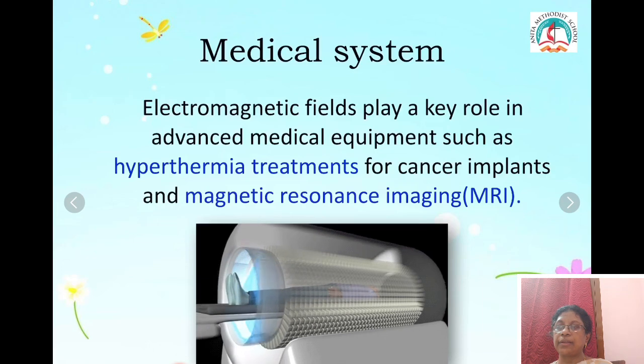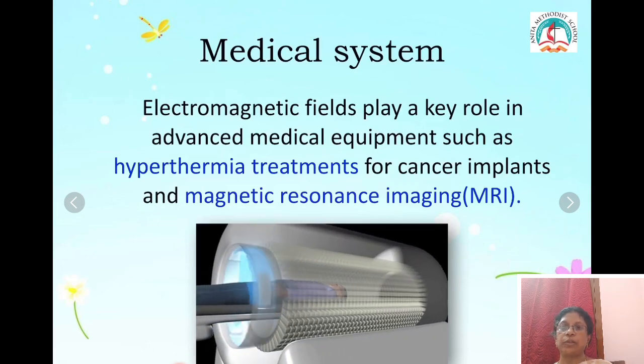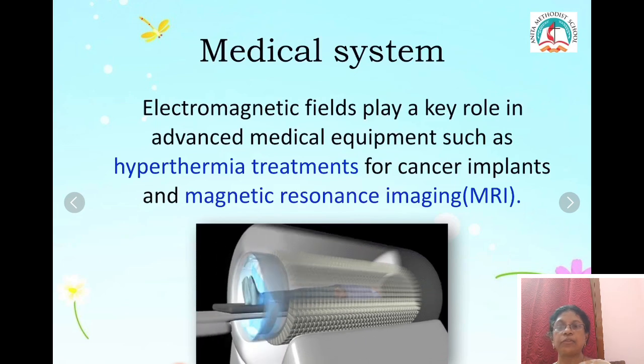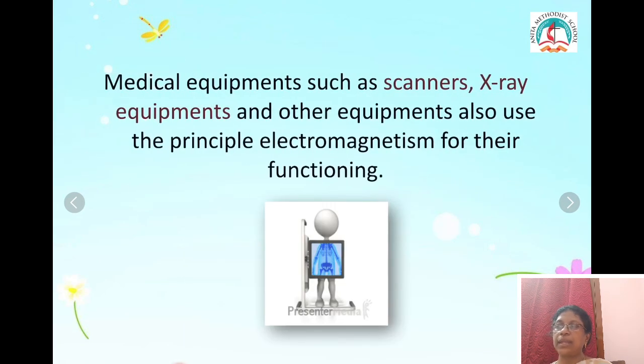You get a 360 degree view of the part of the person you want to scan. Next, medical equipment such as scanners and X-ray equipment also use the principle of electromagnetism for their functioning.